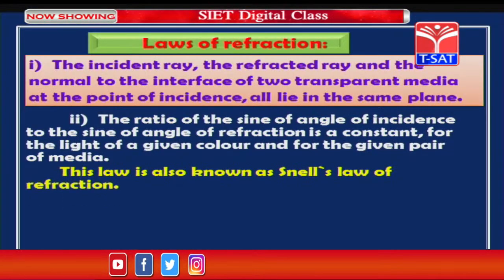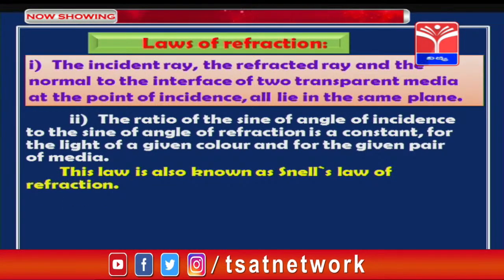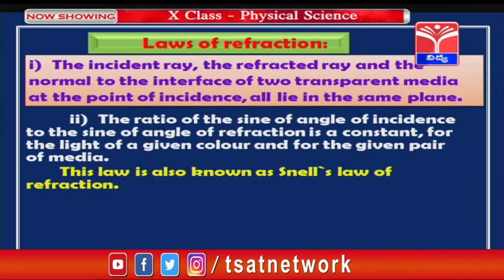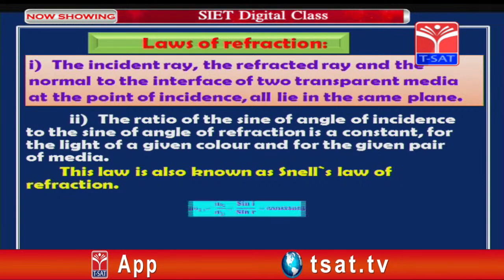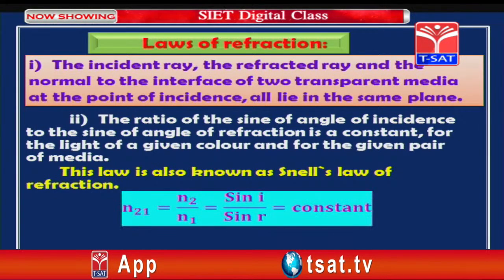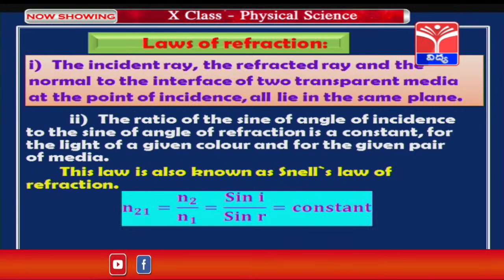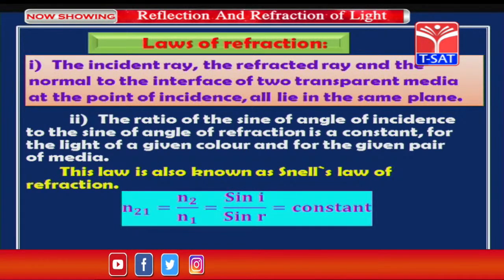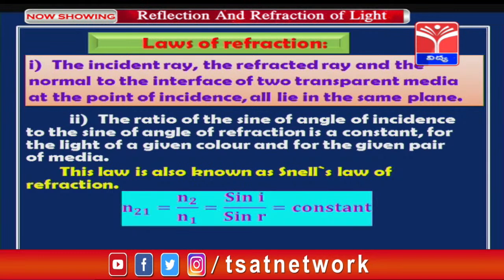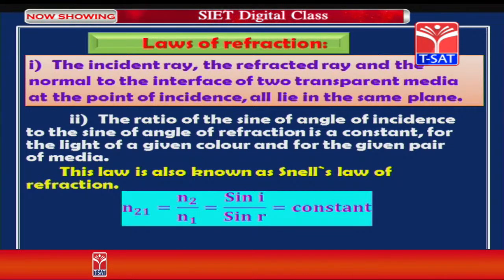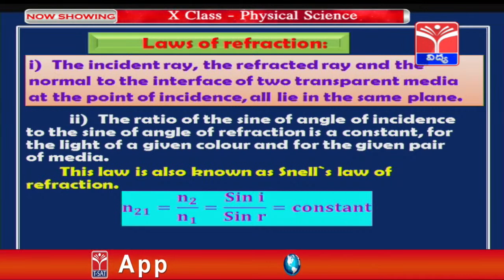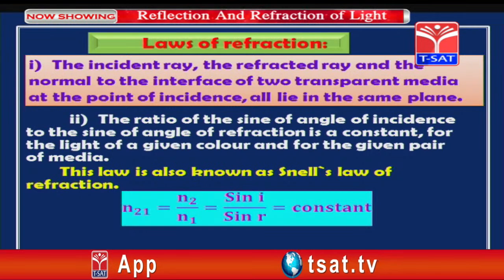This law is also known as Snell's law of refraction, because it was first formulated by Snellius. So, sin i by sin r is equal to a constant. Sin i by sin r is equal to the refractive index of the second medium with respect to the first medium, also written as the refractive index of the second medium by the refractive index of the first medium.